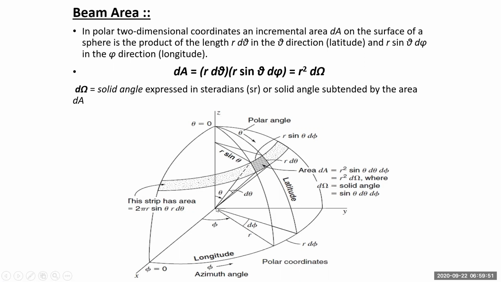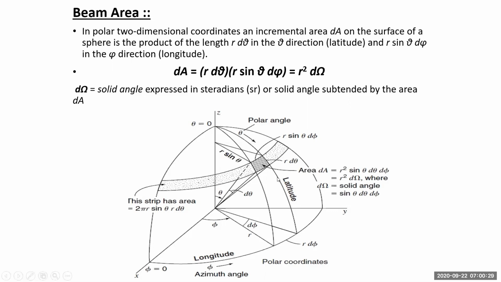This is the center point, which is a projection of. We want to calculate this particular area, which is in the form of a square shape. So incremental area dA is the product of the two components, that is r d theta and r sin theta d phi.